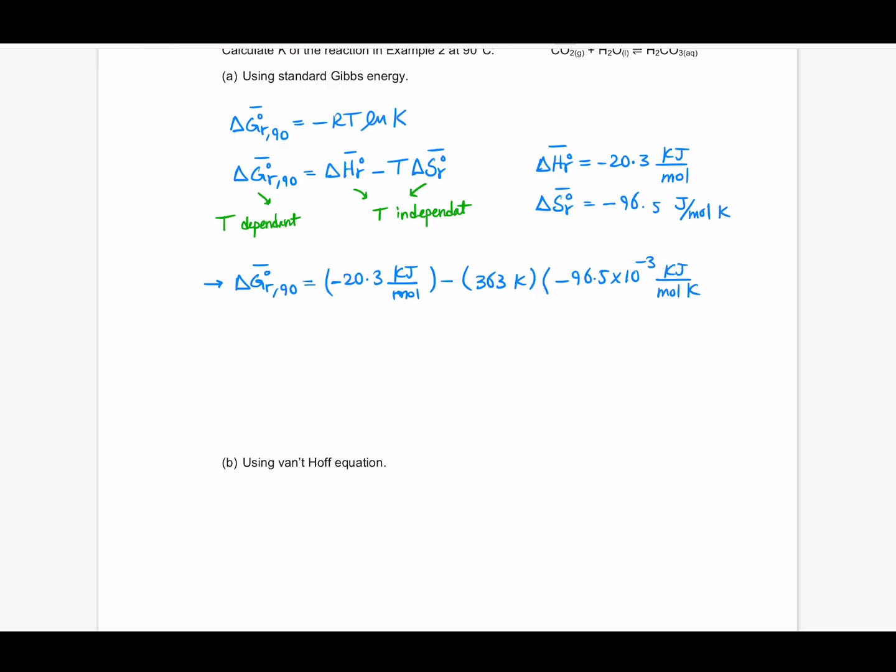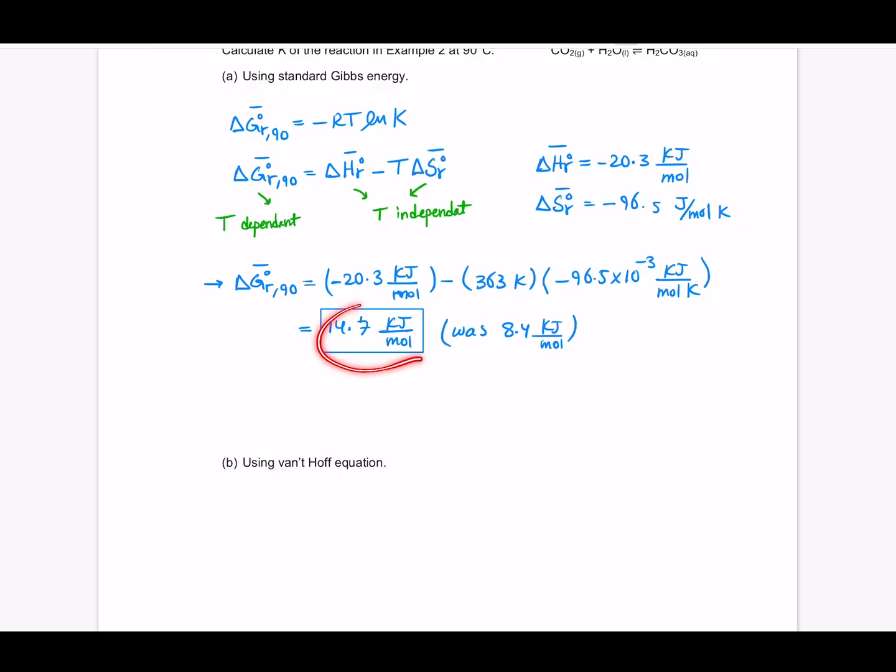So this would also be Kelvin. Eventually, this would give us 14.7 kilojoule per mole. If you remember, this was 8.4 kilojoule per mole.